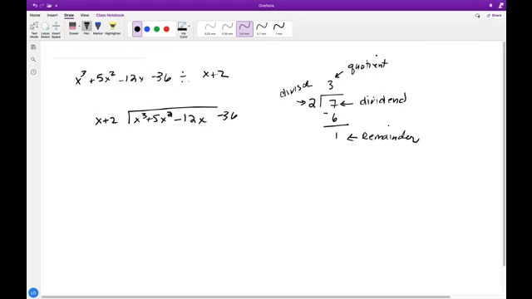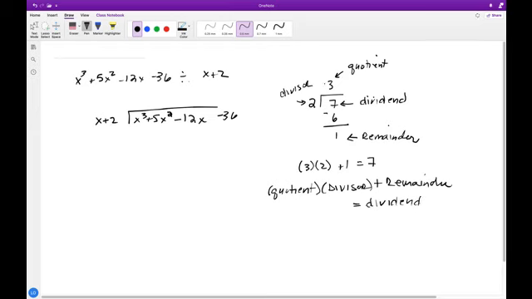Okay? So what is true is 3 times 2 plus 1 equals 7. I'll write that again. 3 times 2 plus 1 equals 7. So that means the quotient times the divisor plus the remainder is equal to the dividend.